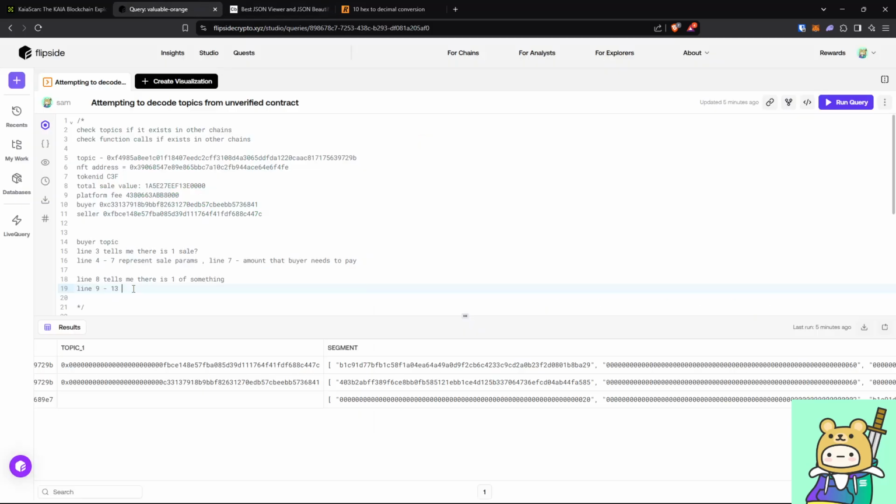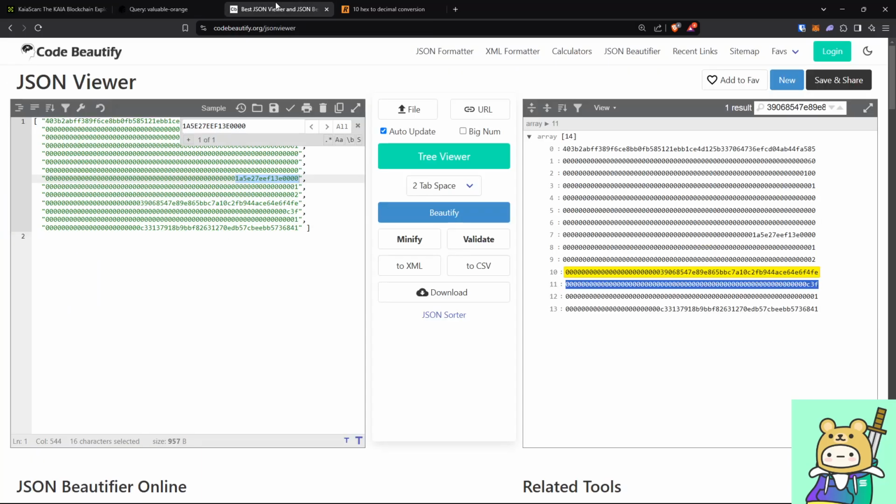So that tells me line 3 would be the sale amount, and line 8 is the NFT token transfer. So NFT related information. So lines 9 to 13 would be NFT related information, right?